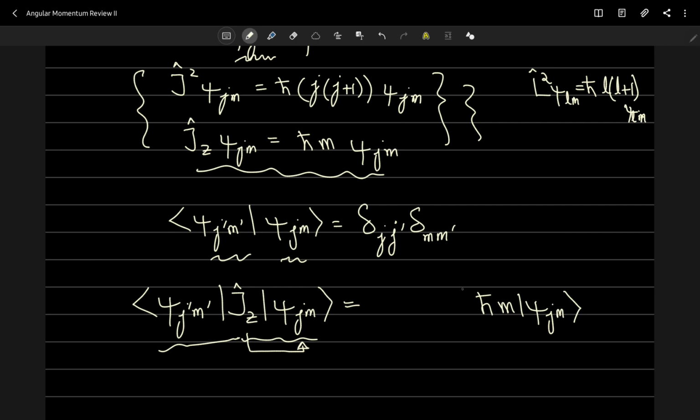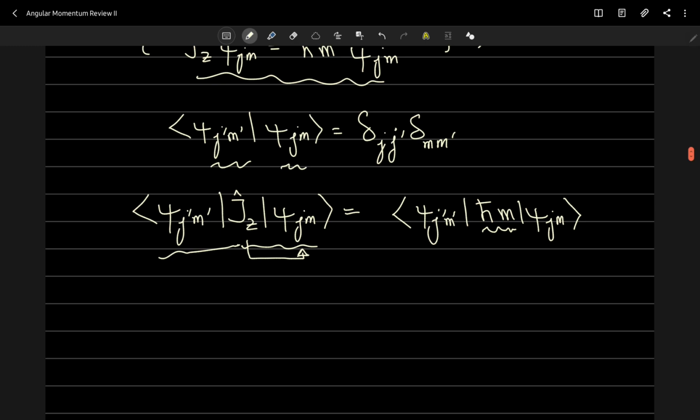But now this h bar and m are just constants, so they do not act on the wave function, and we can just throw them outside. So we have m h bar and psi j prime m prime psi jm.